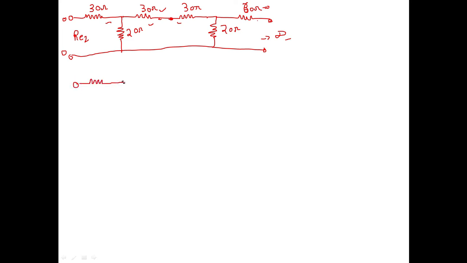This 30 ohm, this 20 ohm, and then this 30 ohm, and the rest we have considered as R equivalent. We have considered it as R equivalent because it is a repetition.